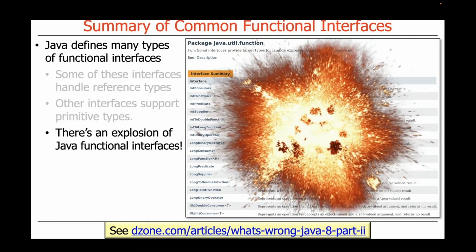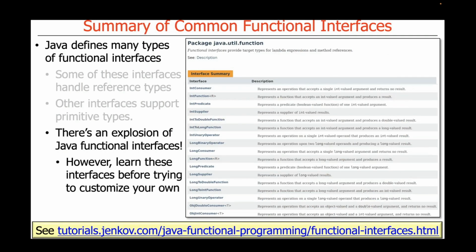Some people think that's a problem. Some people think it's a benefit. It really depends on how much time you're willing to devote to learning what's there. My sage advice to you is to take a look at the interfaces that already exist in the java.util.function package and see if there's already one there that does what you want before you start trying to customize your own functional interface. It'll save you a lot of time and make your code more intuitive to people who are familiar with using Java.